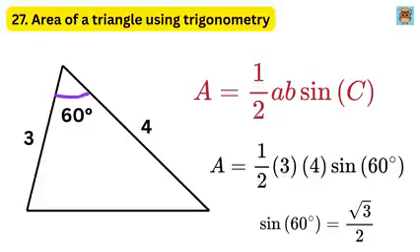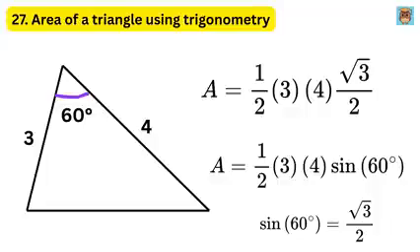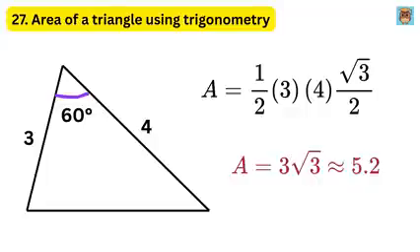Since sine 60 is square root of 3 divided by 2, the expression becomes 1/2 times 3 times 4 times square root of 3 divided by 2, which comes out to about 5.2 square centimeters. This method is especially helpful when you know 2 sides and the angle between them, but not the height.